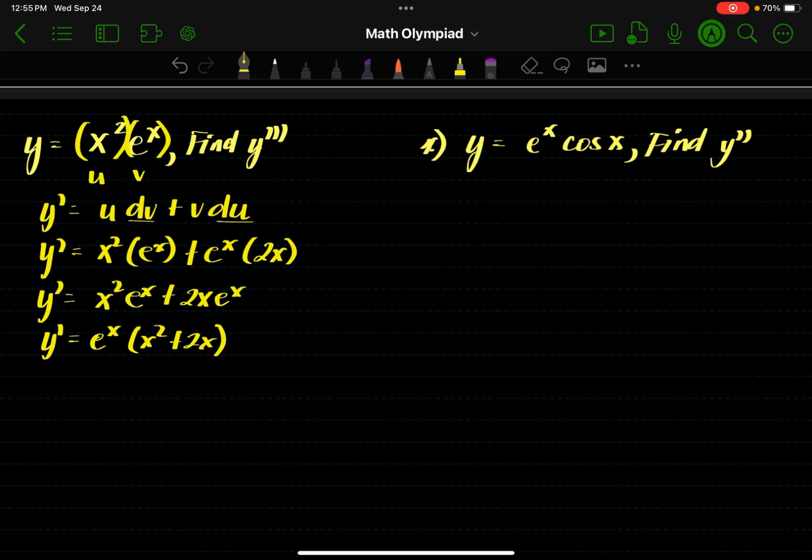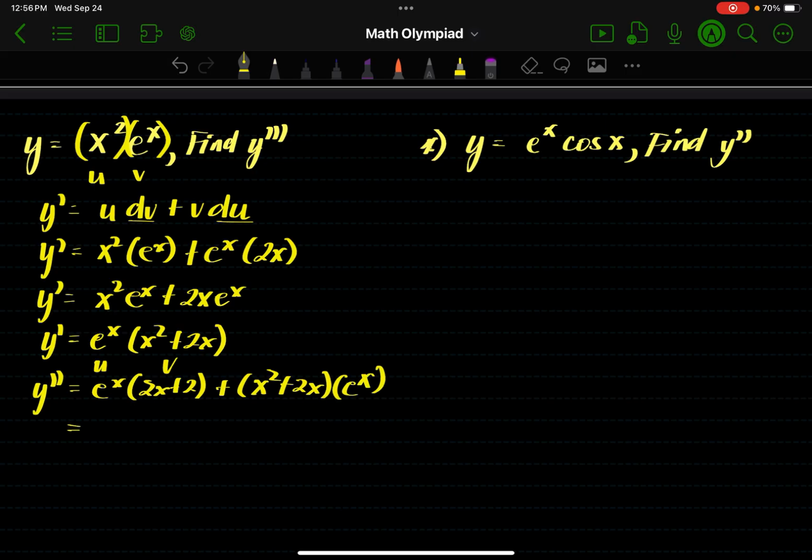Then we can now find the second derivative. We're going to let this be u and v again. So this is our u and v, a product of two functions. So we apply the rule, u dv plus v du. So our second derivative is copy u, e raised to x, times the derivative of v, which is 2x plus 2, plus copy v, the x squared plus 2x, times the derivative of u, which is e raised to x.